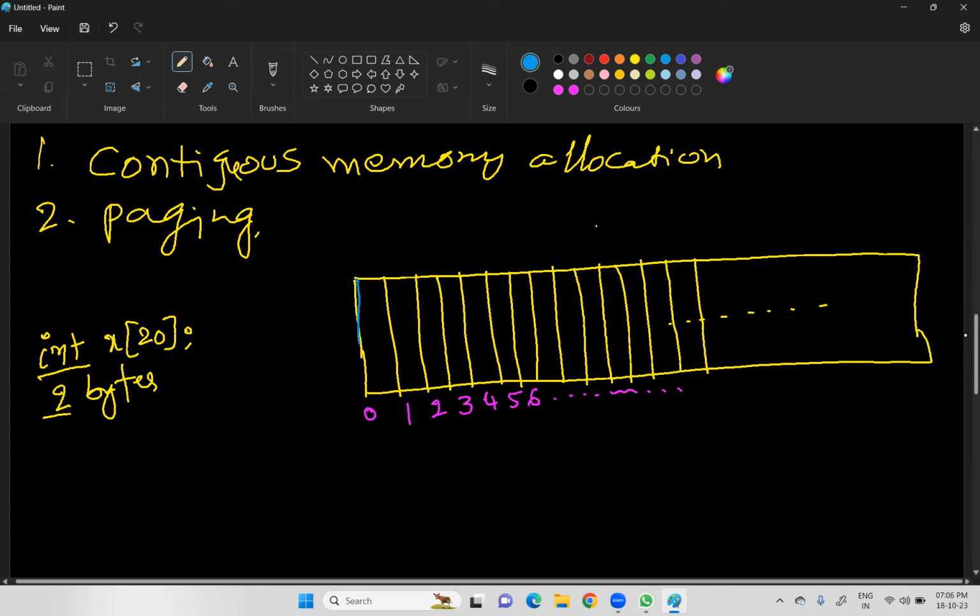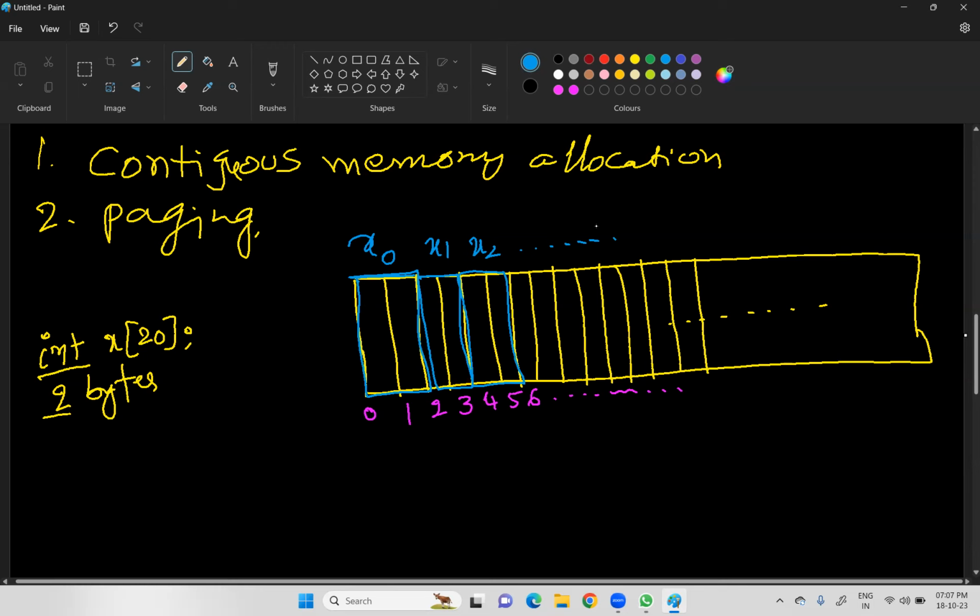You can see these two bytes will be considered as one item, that is x of 0, and the next two will be considered as the next item, x of 1. These two will be considered as x of 2, and so on. This is the way it is allocated.